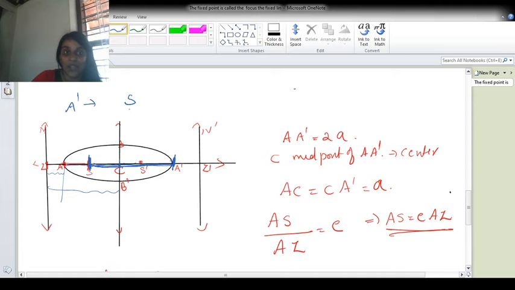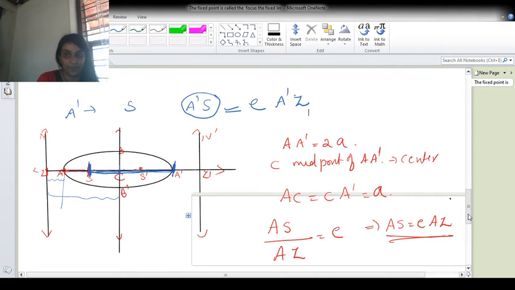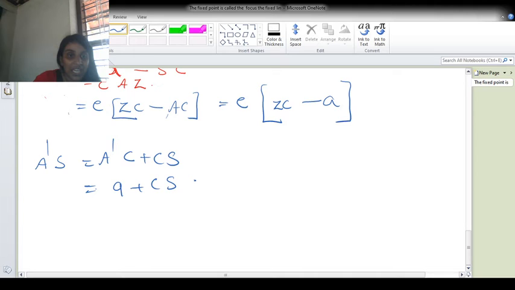So A dash S is the distance between a point on the ellipse and a fixed point. That is the same as e into the distance from point A dash to the directrix. So we can write e times A dash Z dash.